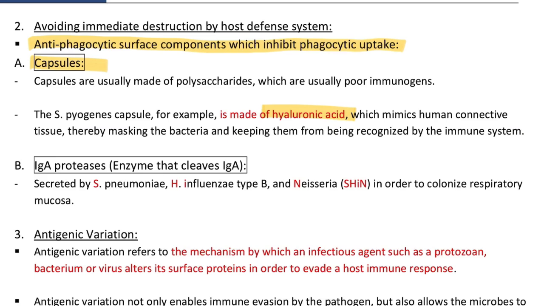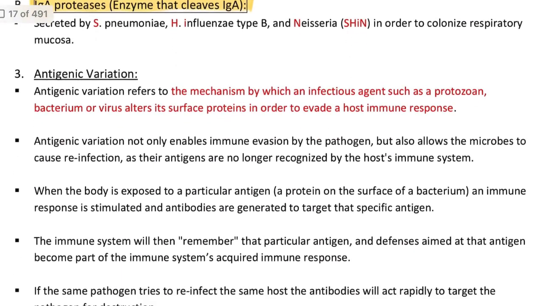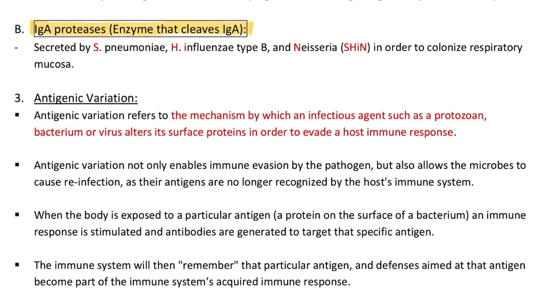Next one, IgA proteases are enzymes that cleave IgA. We already discussed this thing. It's secreted by some organisms like S. pneumoniae, Haemophilus influenzae type B and Neisseria. IgA protects mucosal surfaces, so these bacteria cleave it, making colonization of the respiratory mucosa easier.